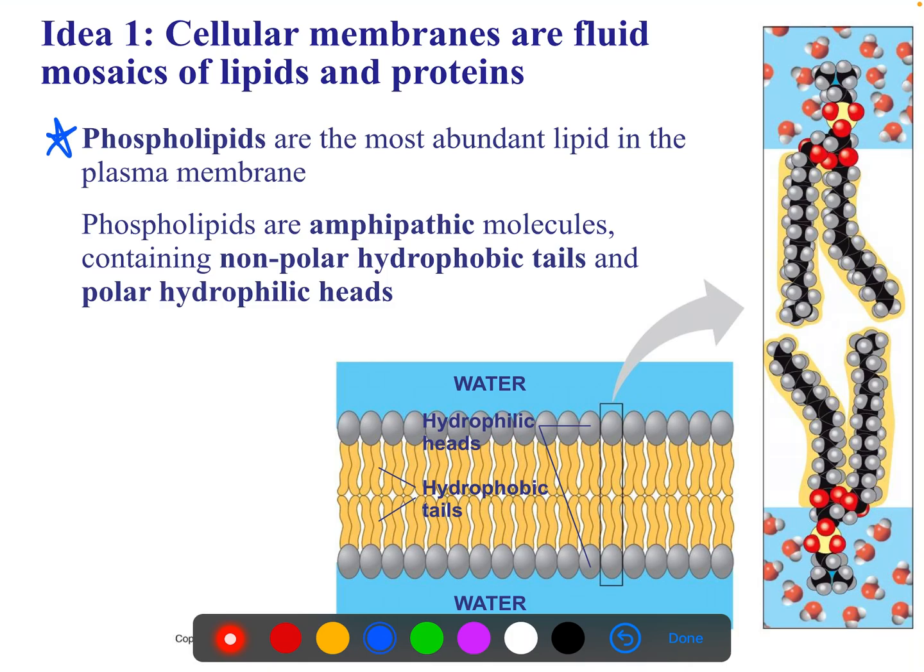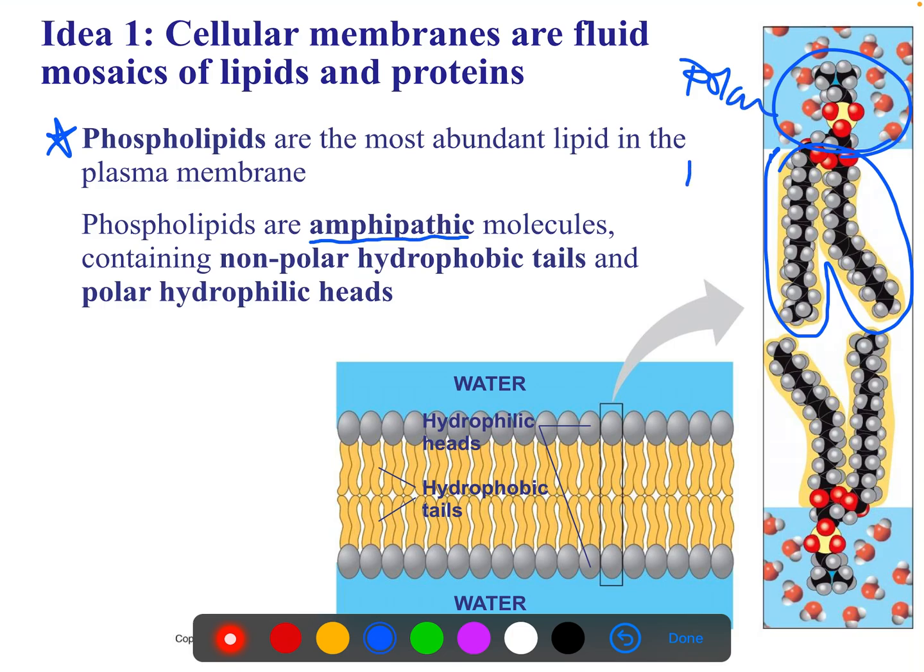But the thing about phospholipids is that they are what we call amphipathic molecules. That's just a fancy way of saying that they have polar and nonpolar parts to them. In the case of the cell membrane, the phospholipid is going to have a polar head and two nonpolar tails.